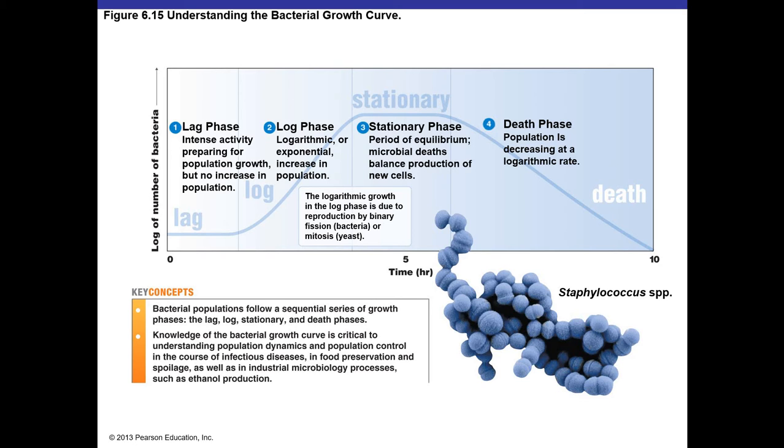So bacterial populations follow this sequential series of growth: lag to log, stationary, and then death. It's critical for our understanding of the population dynamics to be able to control bacterial infections, use them for food preservation or in making our desired food products. So it's very important to understand the bacterial growth curve.